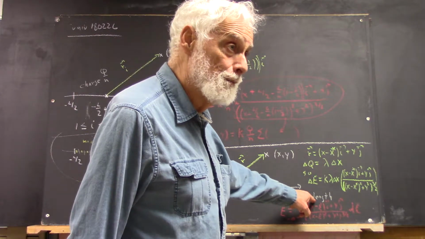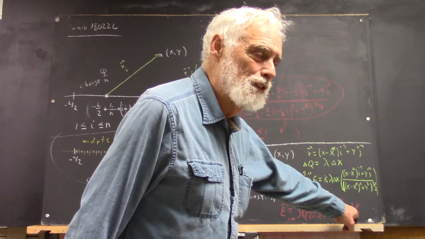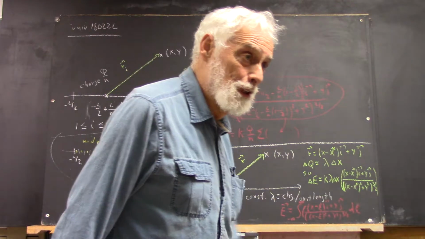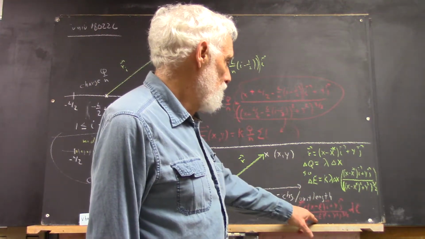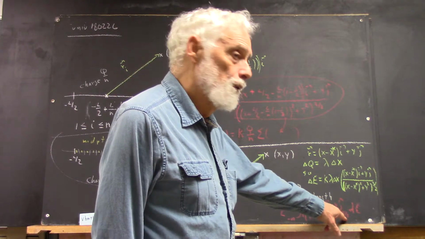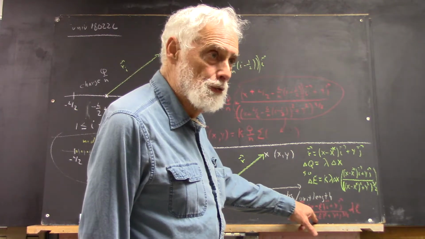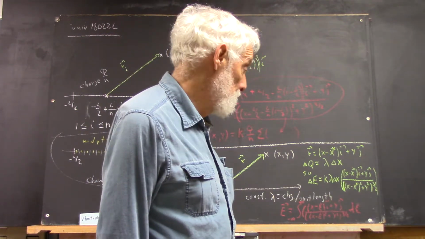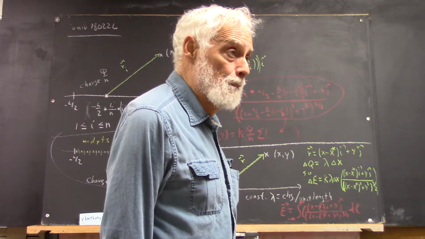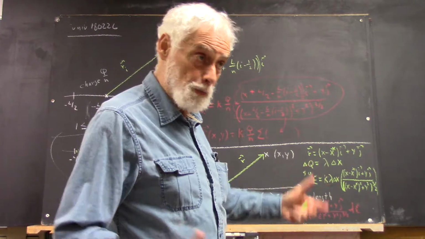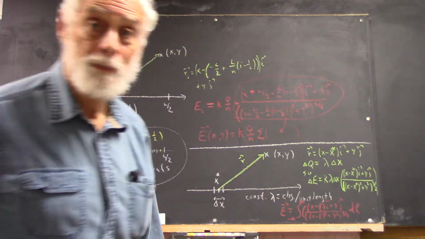You'll have it here and here, right? And then you're going to have a du, so you don't have to keep writing a weird symbol. But you're still going to have a u over u squared plus y squared to the 3/2. And here you're going to have a y over u squared plus y squared to the 3/2. So it's of the same form, but has a different result and a different meaning in terms of the physical situation. So there it is.